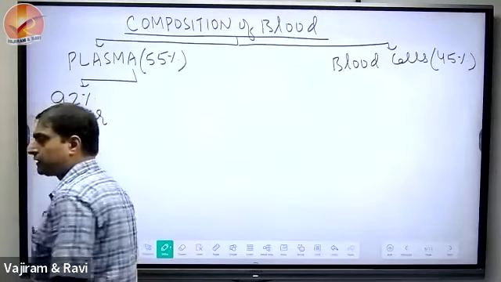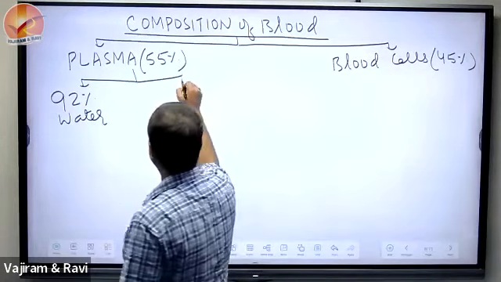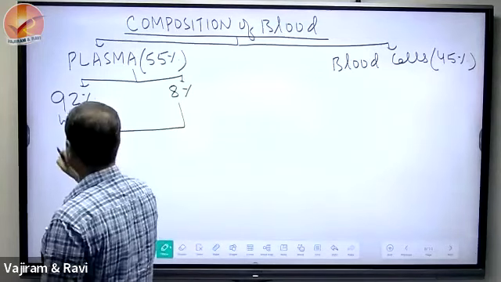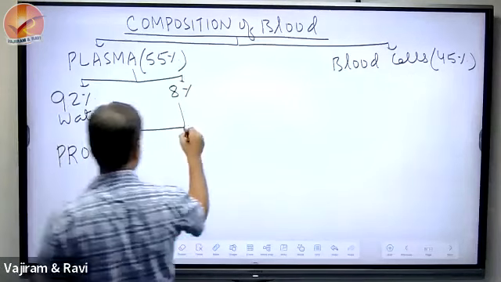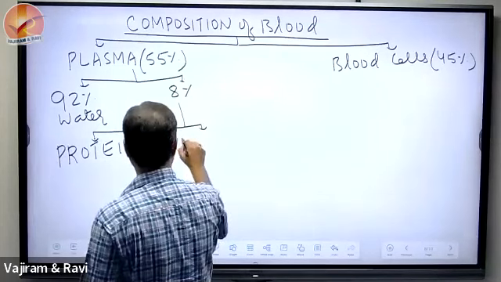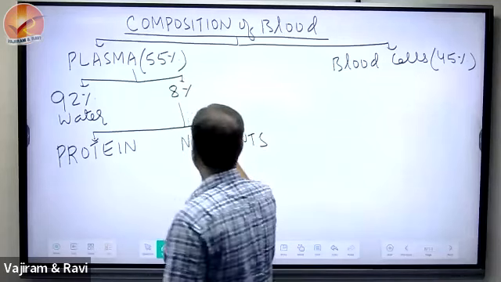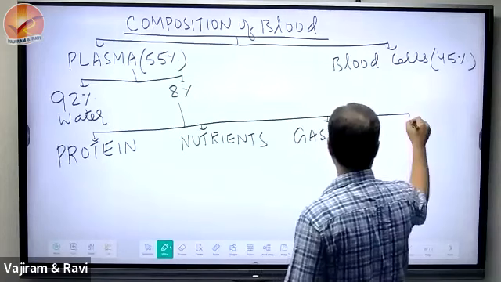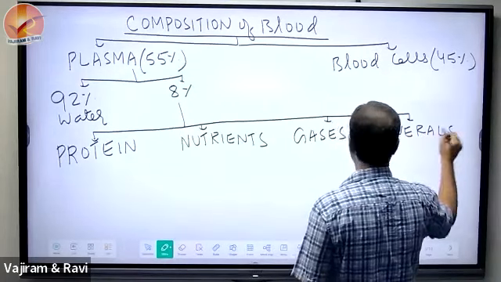In the composition of plasma, we can write here 92% is water only, and the rest 8% of plasma includes plasma protein, nutrients, gases, and the minerals.